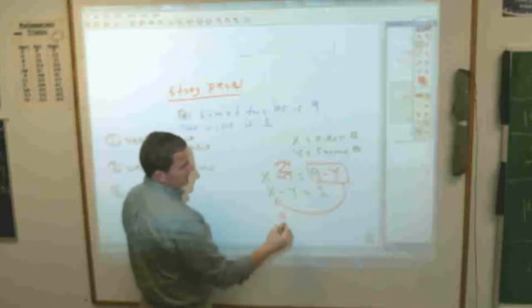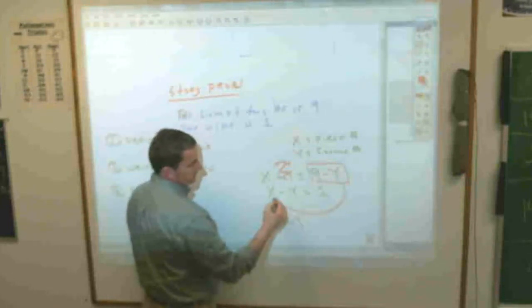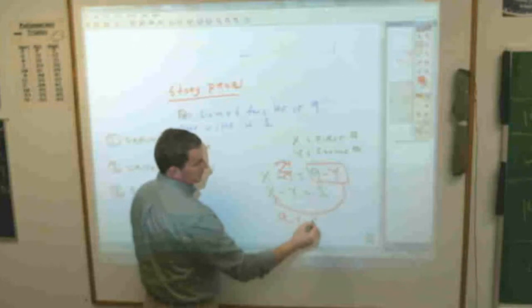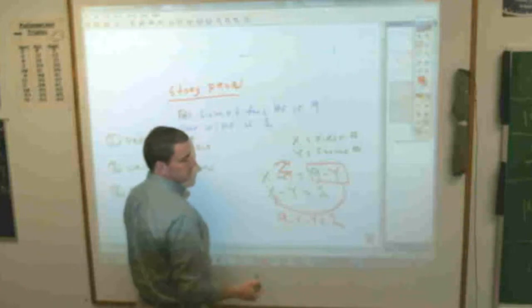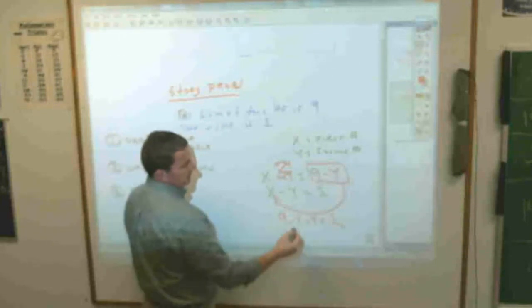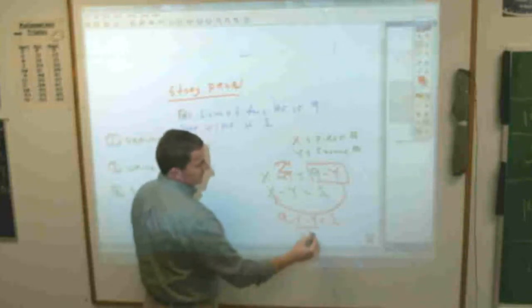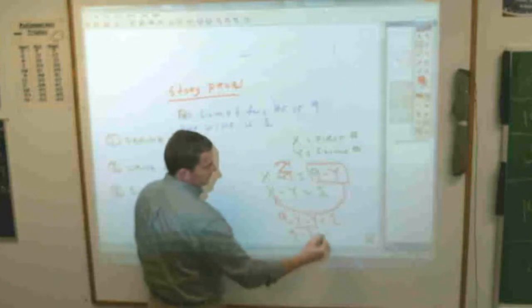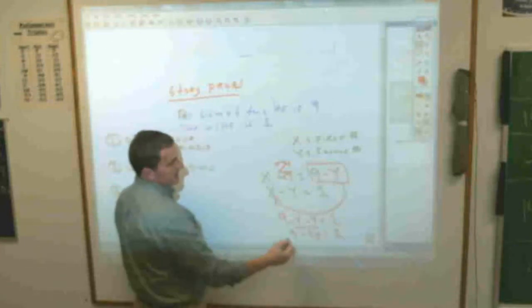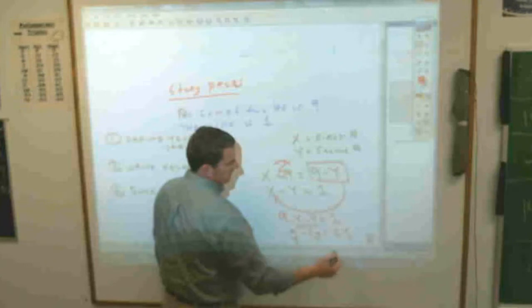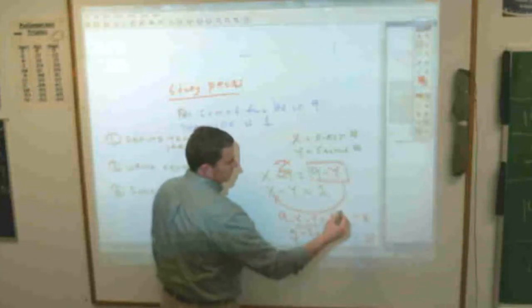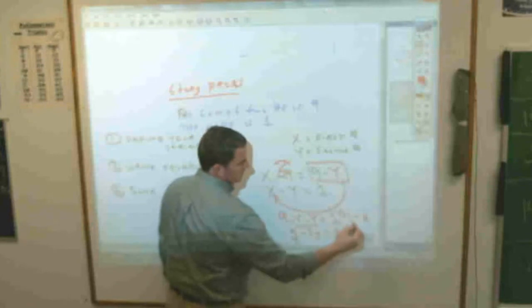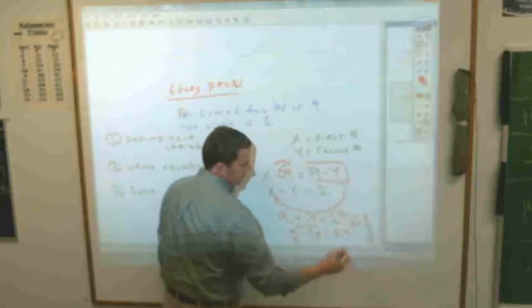So I get 9 minus y for x, minus y equals 1. Then if I put two negative y's together, I get negative 2y. Subtract my 9. What is 1 minus 9? Negative 8. If negative 2y equals negative 8, y equals 4.